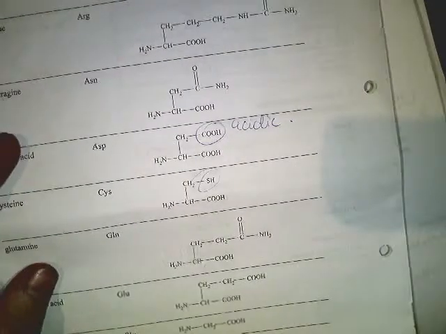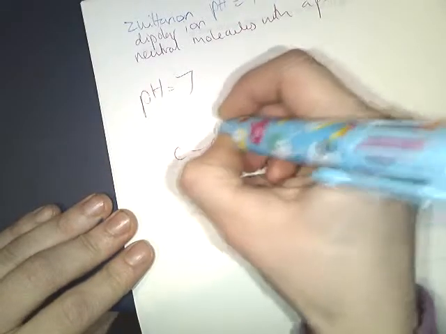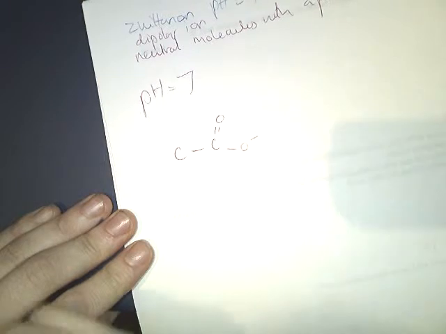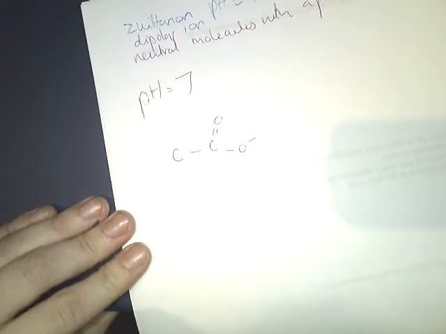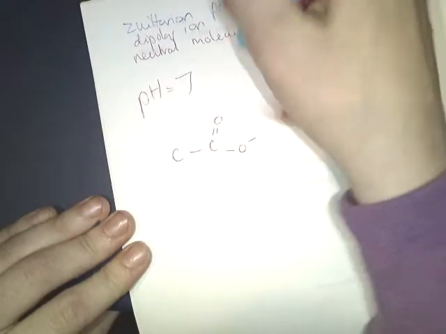So let's take aspartic acid. At pH 7, when it forms a zwitterion, aspartic acid will have a negative charge. Now it loses the H from the carboxyl group always.